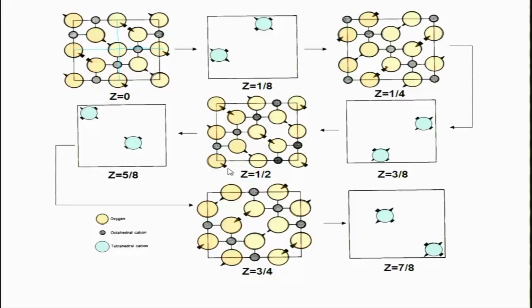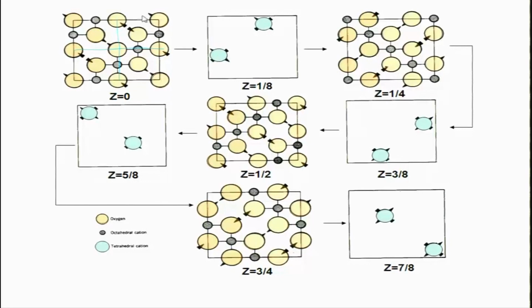When you go to Z equal to half, you come at a position which is the same as Z equal to 0, because it is the top surface of the bottom FCC unit cell. So the oxygen atoms are arranged in the same fashion, however the octahedral sites are now filled in a different manner.